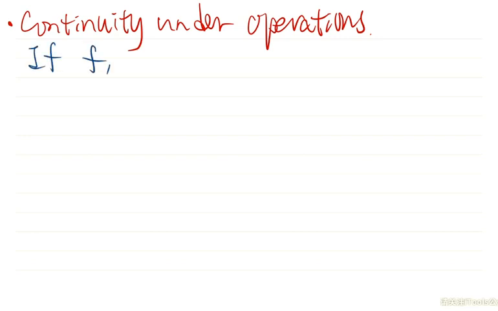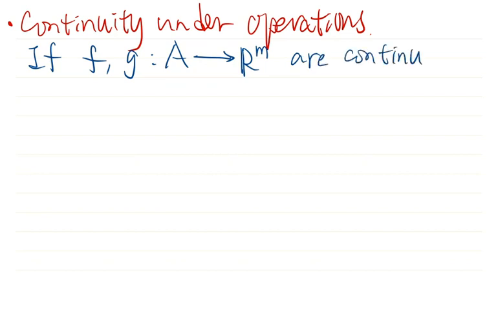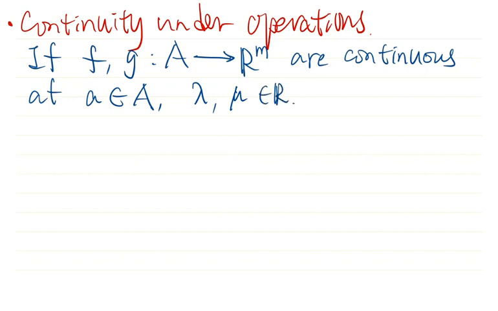If f and g are defined on A to Rm, and if both f and g are continuous at the point a, which of course belongs to the domain of definition, and lambda and mu are real numbers, then what conclusion can we obtain?